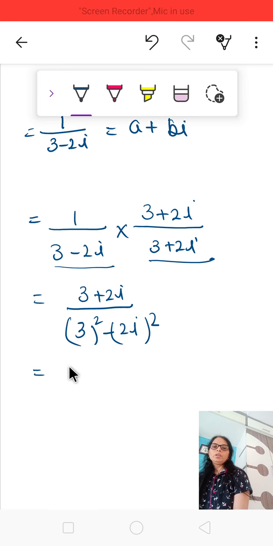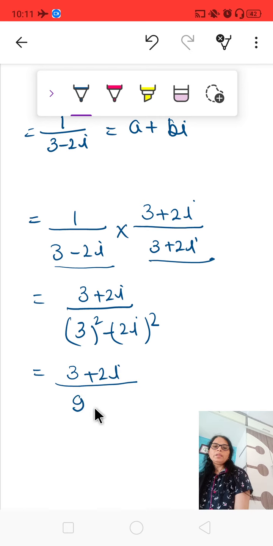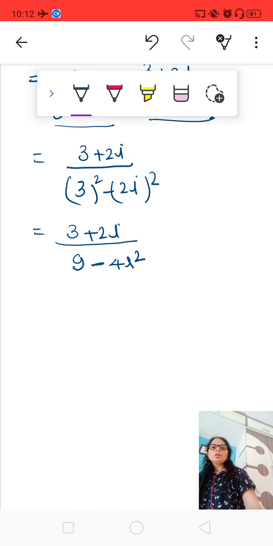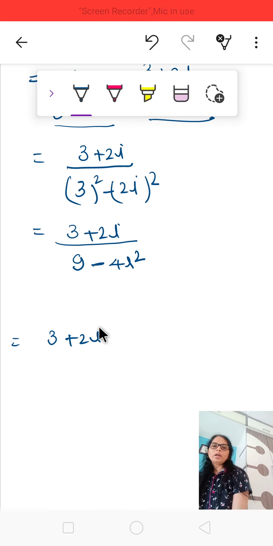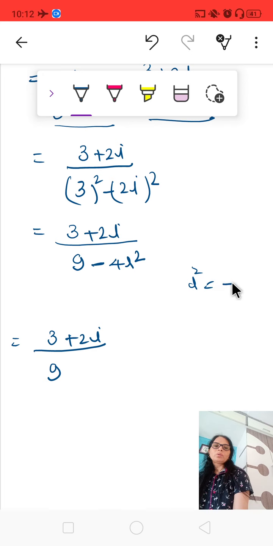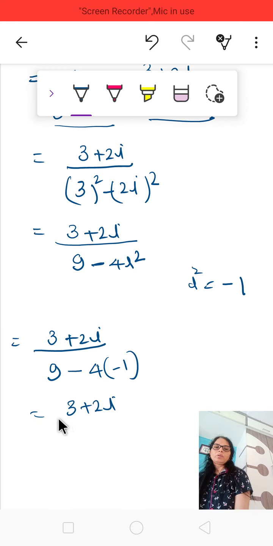So it will be 3 plus 2i upon 9 minus 4i square. What is the value of i square? i square is equal to -1. So -4 into -1, so it will be 3 plus 2i upon 9 plus 4, 13.